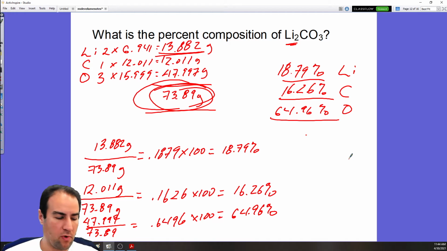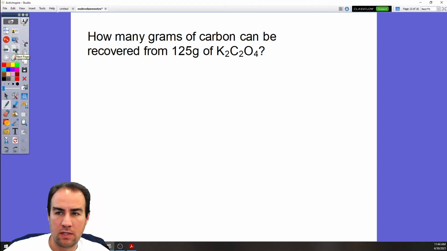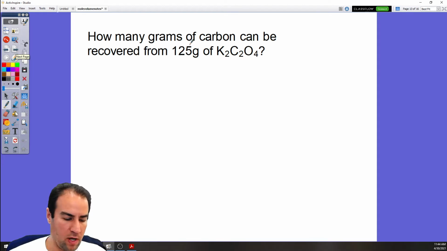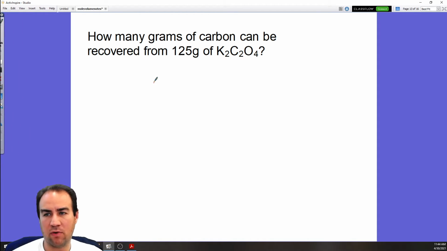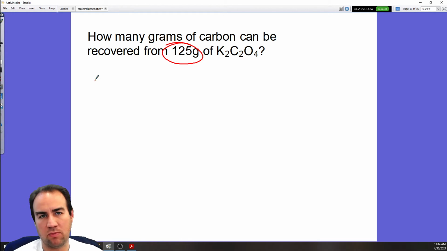I do want to show you one more thing here. There's a little bit more we can do with that. If we're looking at this compound, potassium oxalate, we can determine, if you have a specific mass, say 125 grams in this case, how much of that is one specific element.